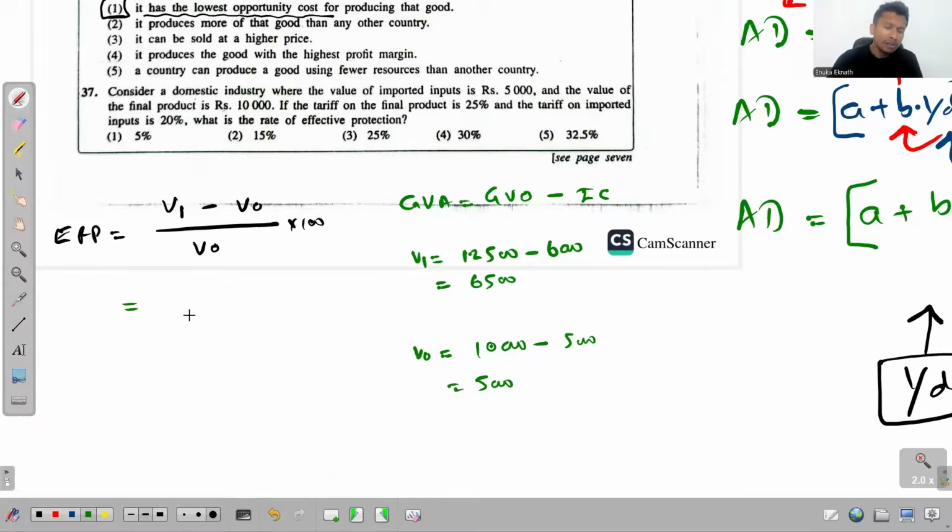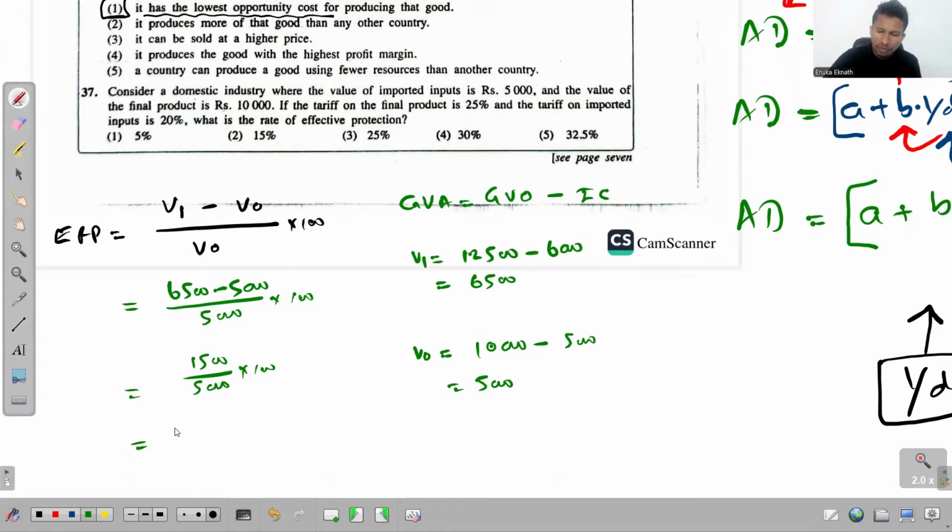Now you just need to put these values into this equation. So V1 is 6,500, minus 5,000, over 5,000, multiplied by 100. So this will give us 1,500 over 5,000 into 100. So how much do we get?